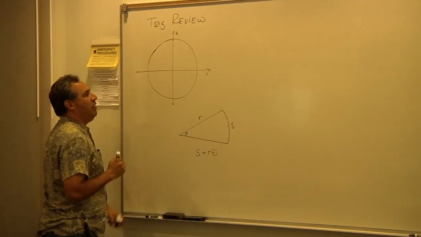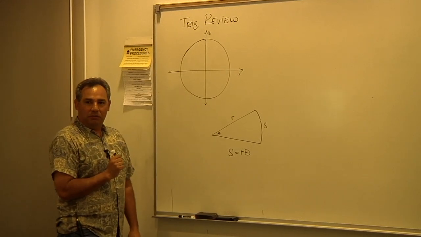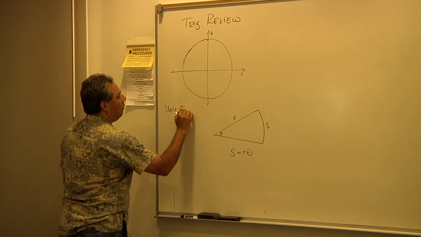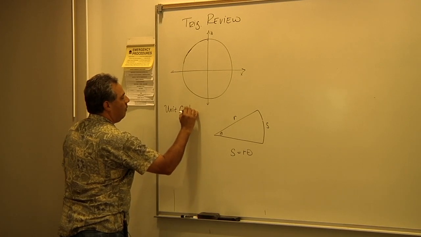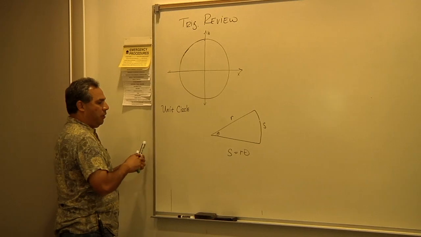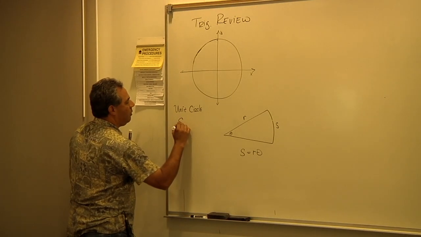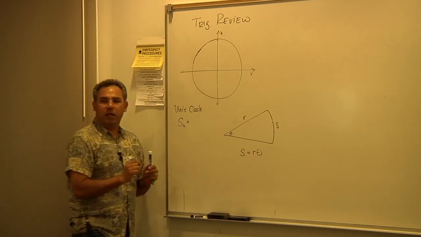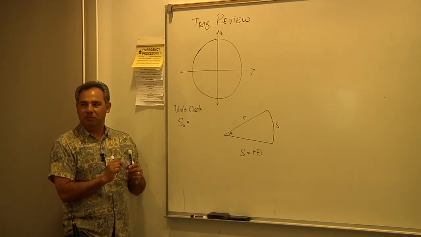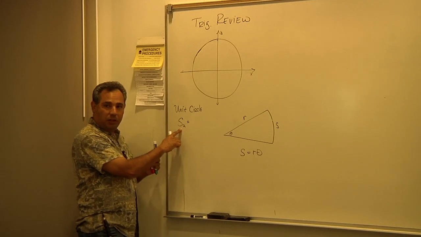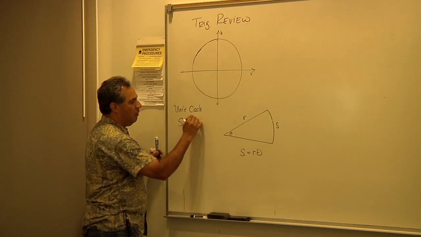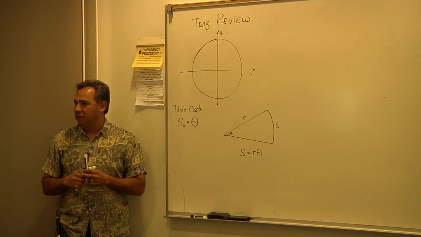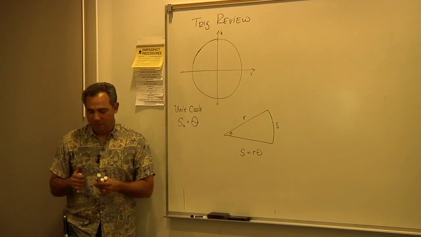But see, in the unit circle, and I'll put S with a lowercase u, R is equal to what in the unit circle? 1. So in the unit circle, the length of the arc is equal to what? Theta, correct? That's what it says if R is 1, right?